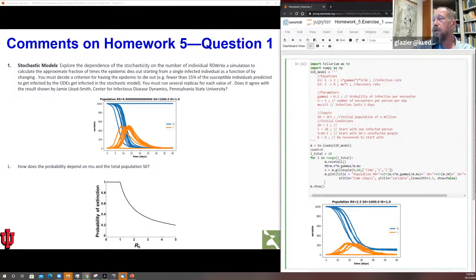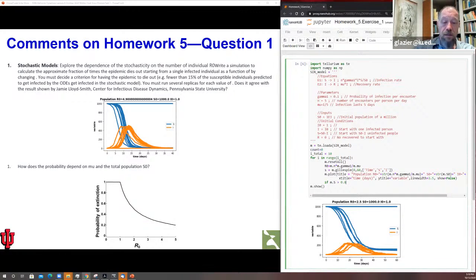And it would be, if the final value of S, m.S, is greater than, we said our tolerance was 85%, I think, right?